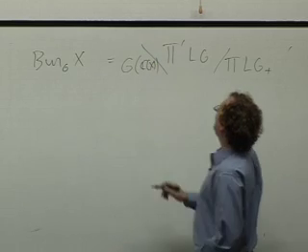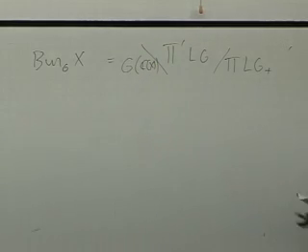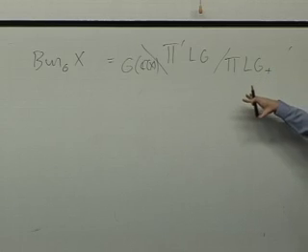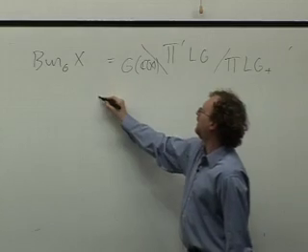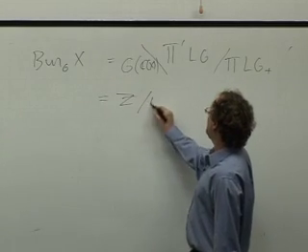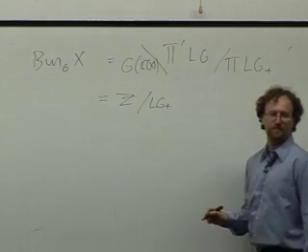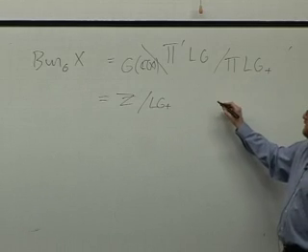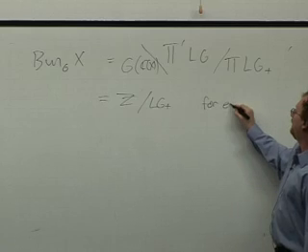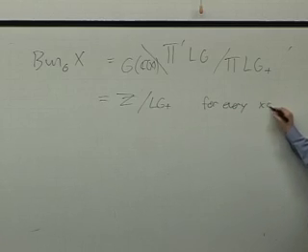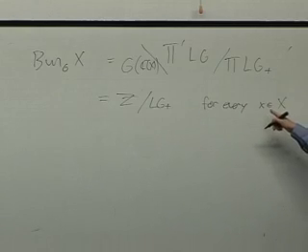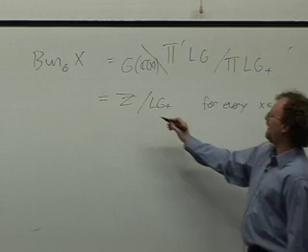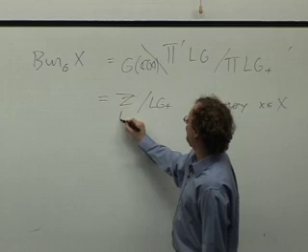But this is just an extreme way to say that Bun_G is something of the form Z mod LG plus, in lots of different ways. Every time I pick a point x in X, I can write Bun_G as this thing, where what is Z?